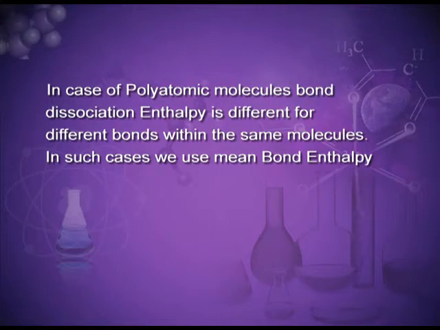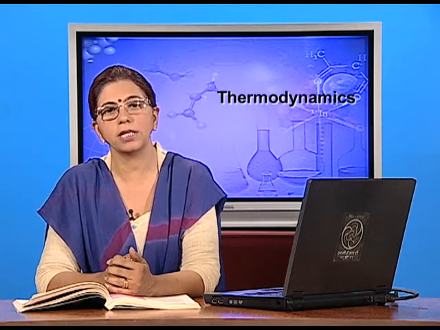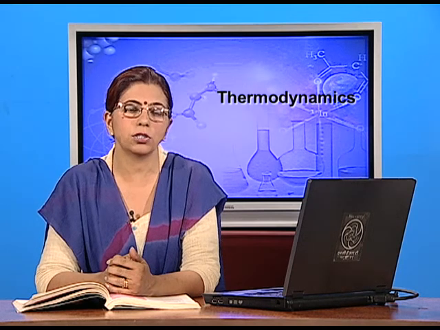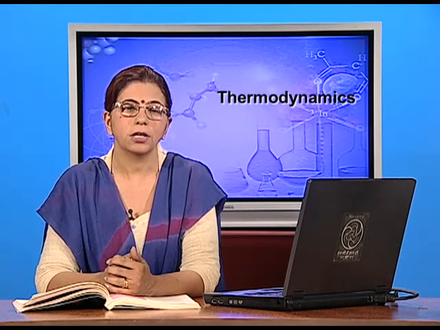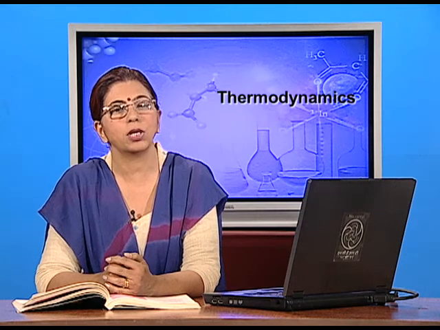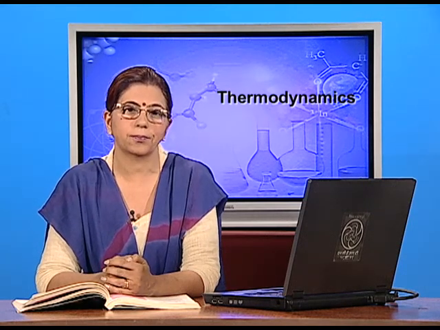In such cases, we use mean bond enthalpy. For example, methane. In methane, there are 4 C-H bonds which are identical in bond length and bond energy. But when we break these bonds between C and H in successive steps, the bond enthalpies are different. So, in this case, we take the mean bond enthalpy.